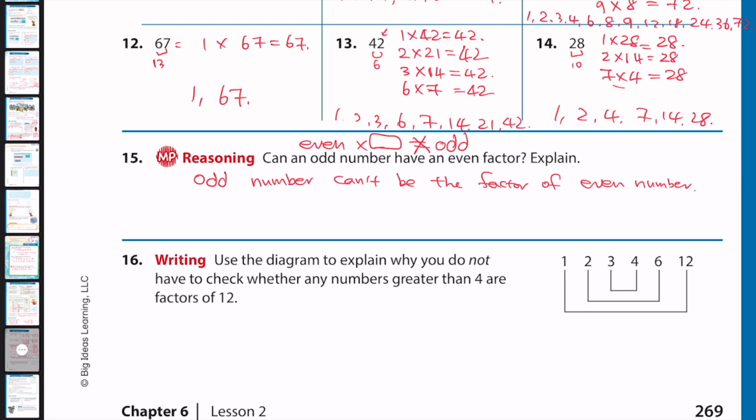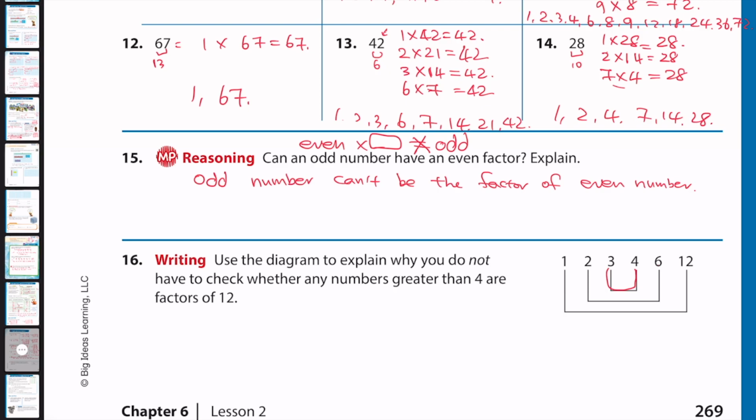Use a diagram to explain why you do not have to check whether any numbers greater than 4 are factors of 12. Any number greater than 4? 12 is not divisible by 5. What about 6? It's repeating again.